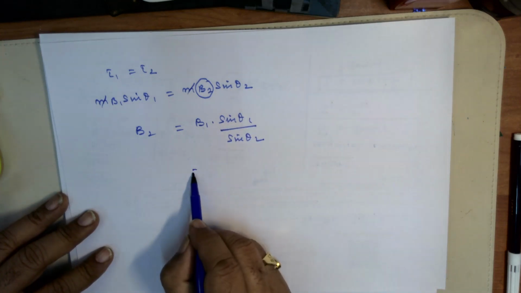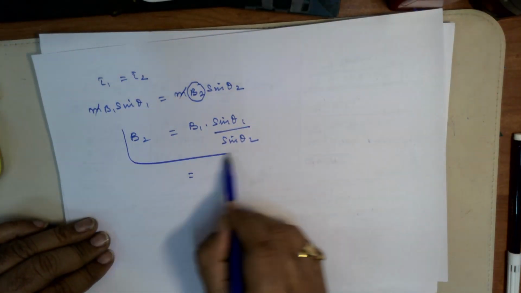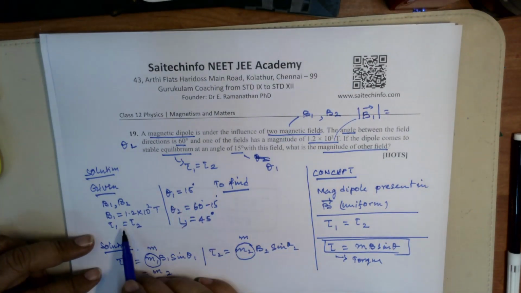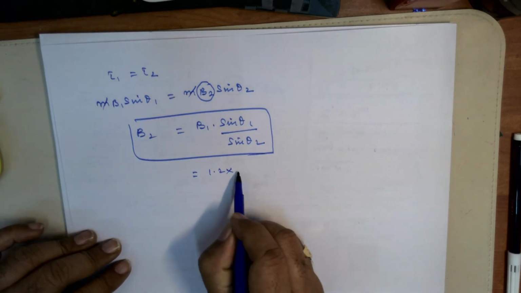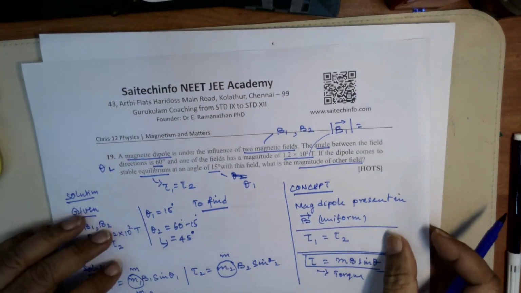Got it? And what is the value of B1 here? So this is the derived equation. From this, we can easily substitute and get the answer. So B1 is 1.2 into 10 squared, into sine theta 1.